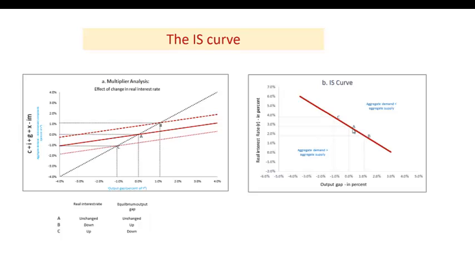Again, A is our initial point, where the output gap is 0. When the interest rate falls and expenditures rise, we move from point A to a point like B. Alternatively, when the interest rate rises and expenditures fall, we move up the line to a point like C.